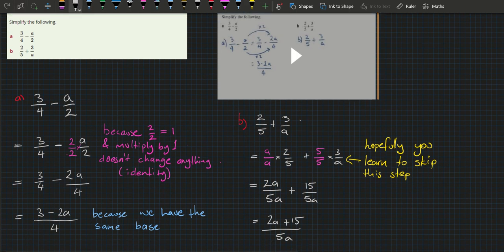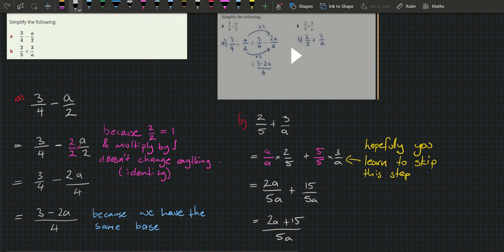Sometimes it's not exactly like that. So for example, you might have 8 and 6. And what do they both multiply into? 24. Numbers are not as straightforward as algebra in that way.